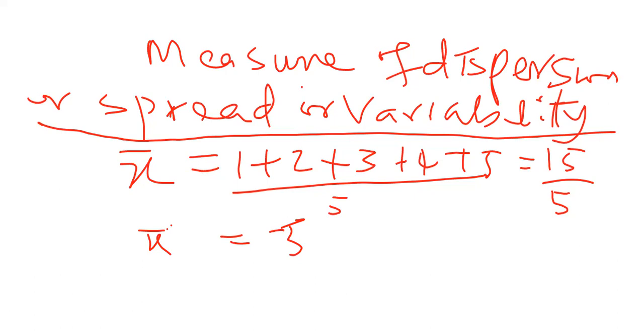So the next thing is range. Range has a formula, but you may not be seeing it regularly in this one we're solving. Range is highest number minus the smallest number.